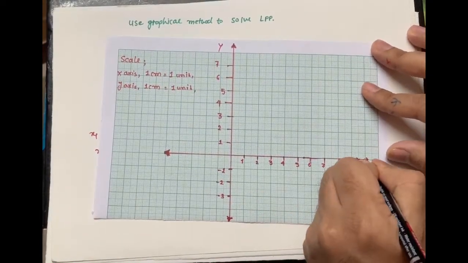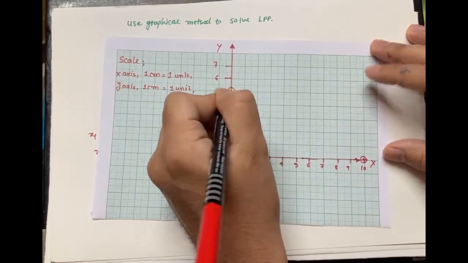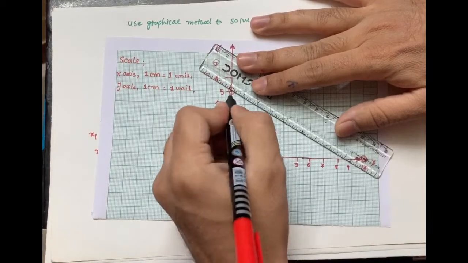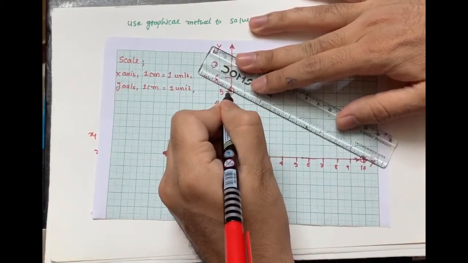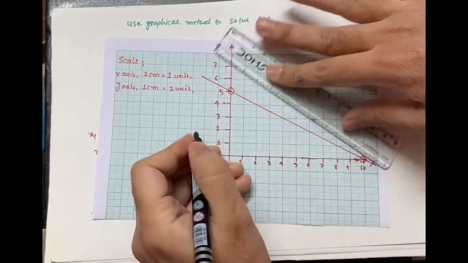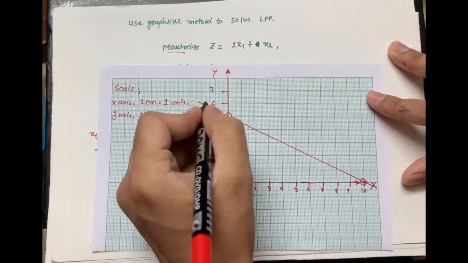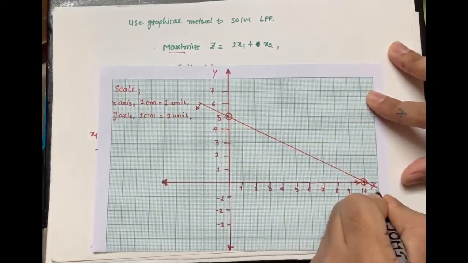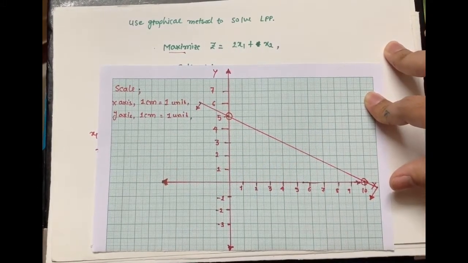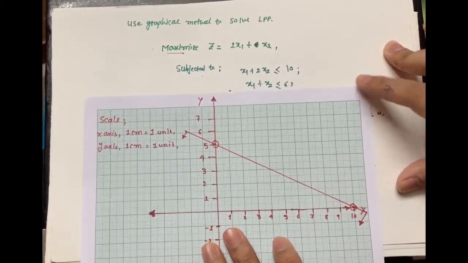So this is my 10, 0 and this is my 0, 5. Connect the dots. Dots are connected. What is the inequality sign? It is less than or equal to, meaning below this. The visible region is below this line. It is clear.